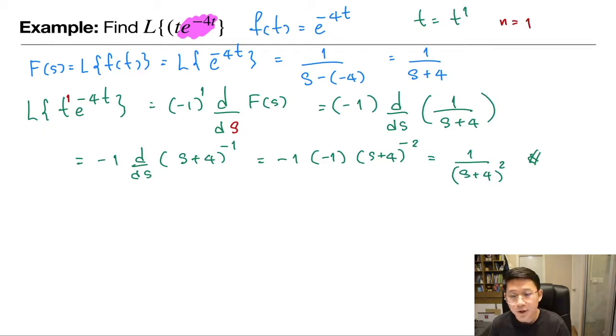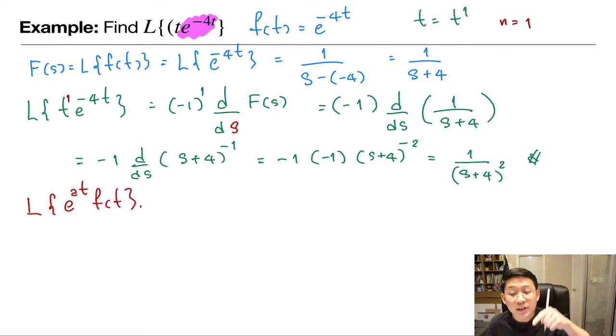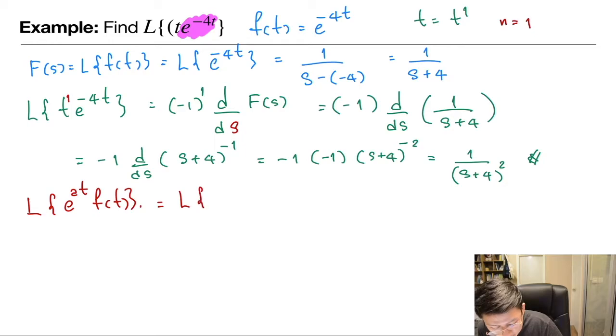You may ask me, can I use the previous technique? Because if you remember, the previous technique is for e to the at f(t). And the answer for this question is yes, you can. If you use the first technique, you would need to take the Laplace transform of f(t), and then you change s to s minus a.